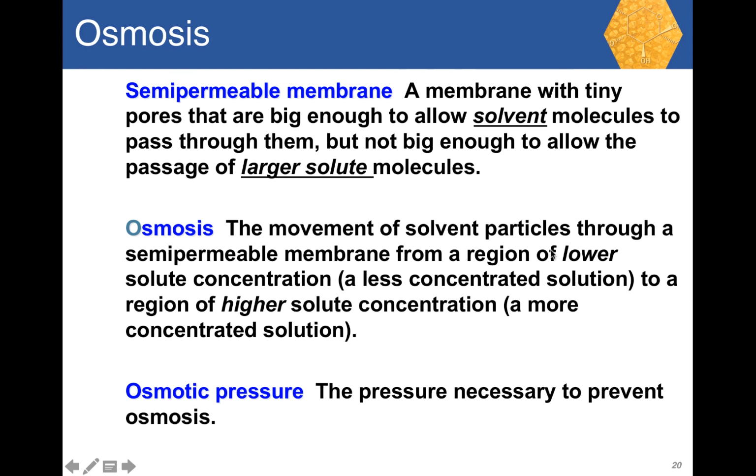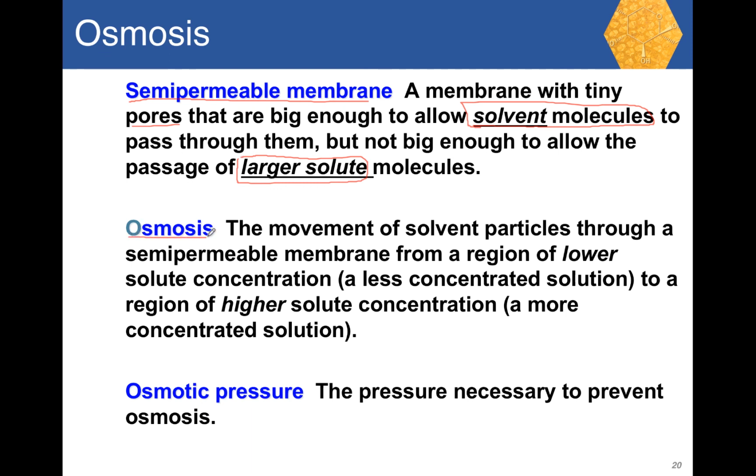So, as a summary, a semi-permeable membrane is a membrane with tiny pores, big enough to allow solvent molecules. Keyword here is solvent and not solute. So we will not allow large solute molecules to pass through the semi-permeable membrane.